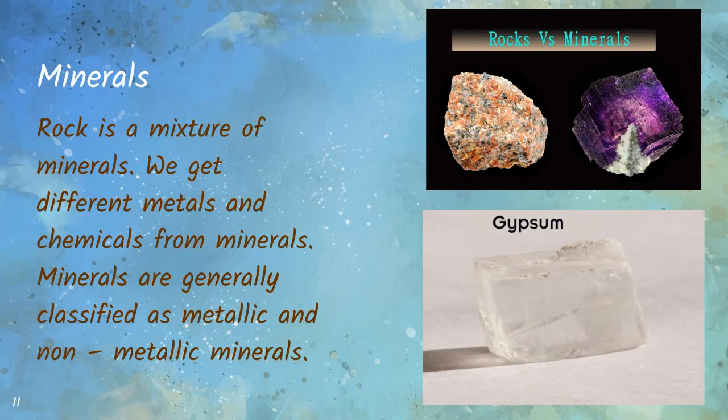Metallic minerals are basically those in which metals are found. Metallic minerals are used for obtaining different metals such as iron, bauxite, etc. And non-metallic minerals are used in obtaining various chemicals like gypsum, rock salt, calcite, etc.